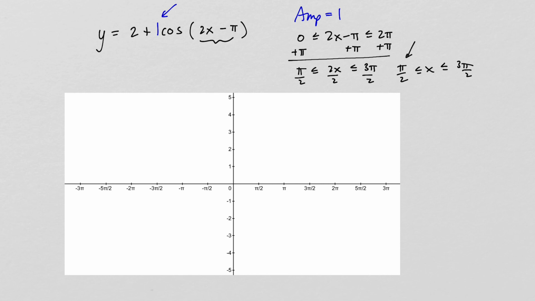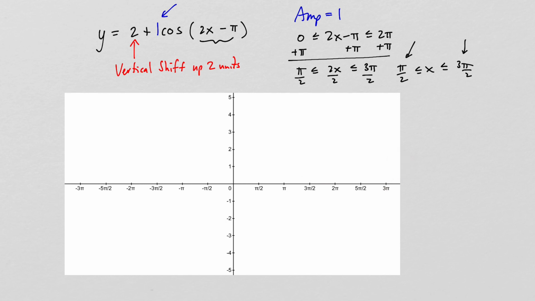So we got our start, we got our end point, we have our amplitude, but there's also a vertical translation, right? A vertical shift up 2 units. So the way I like to take care of this is remember that the cosine graph normally oscillates around the x-axis.